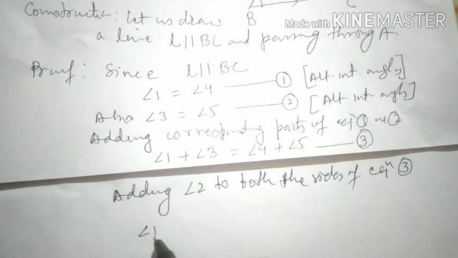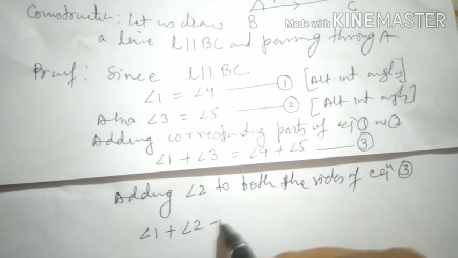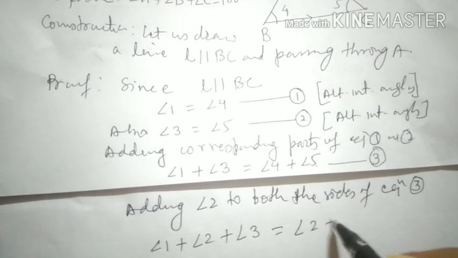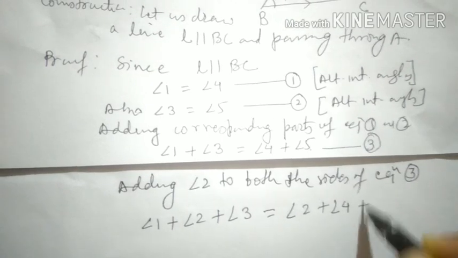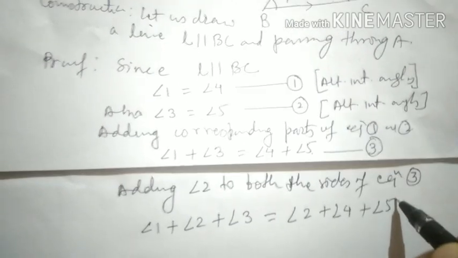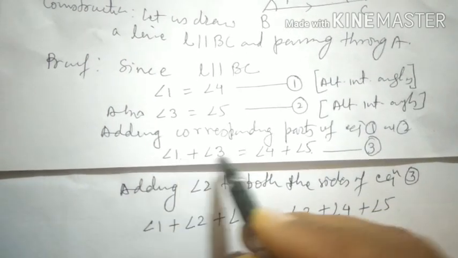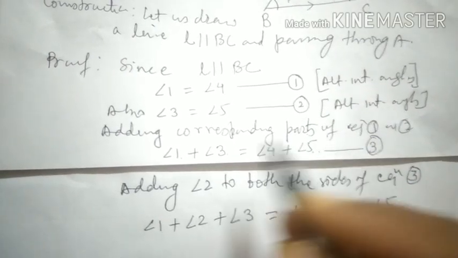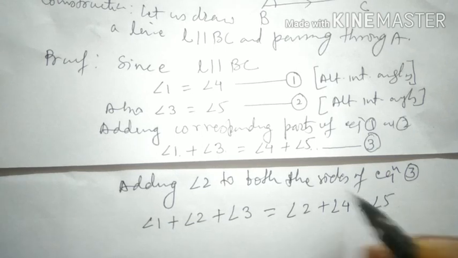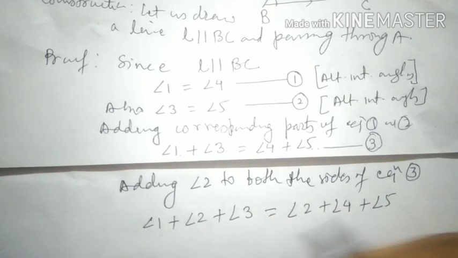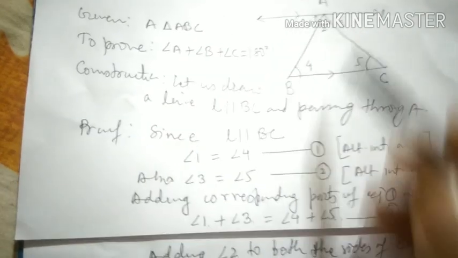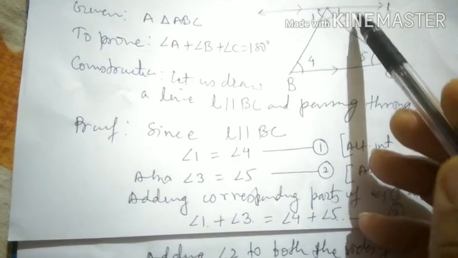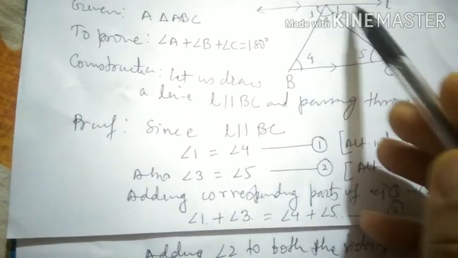So angle 1 plus angle 2 plus angle 3 must be equal to angle 2 plus angle 4 plus angle 5, because 1 plus 3 is the same as 4 plus 5. So we have added angle 2 to both sides, so it is also equal. Now we see that angles 1, 2 and 3 make a straight angle.